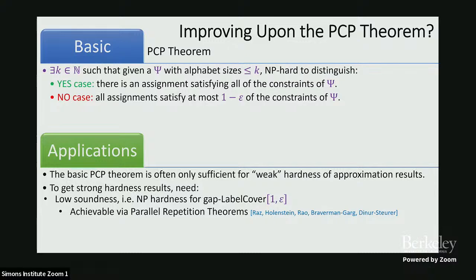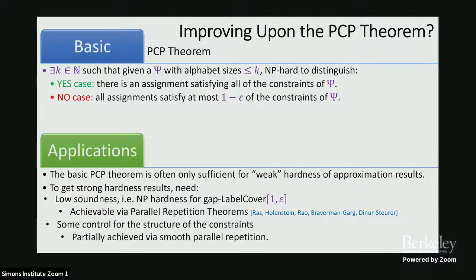We know how to do that, and this is proved using what is called parallel repetition theorems. This was known for a long time, and really all of the results that we saw for Vertex Cover and Clique, they already incorporate all of this machinery into the picture. Without this, we cannot really do anything.